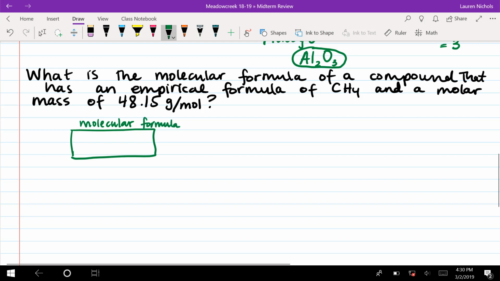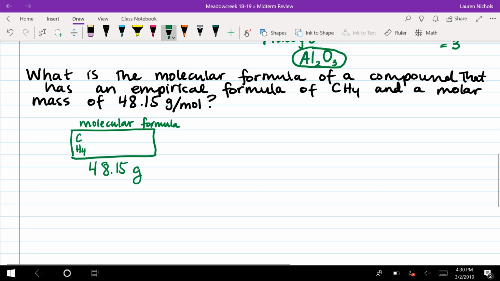You just know what one piece of it looks like. This one piece is CH4, and that piece repeats itself over and over again. You also know the whole thing weighs 48.15 grams. If you can figure out how many times CH4 repeats itself, then you can figure out the formula.